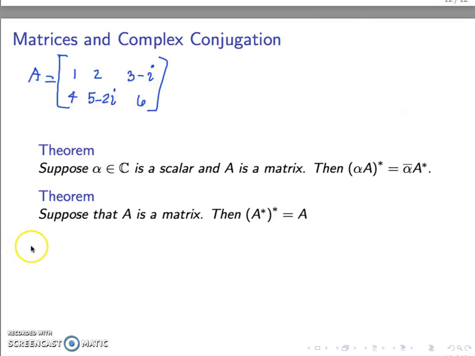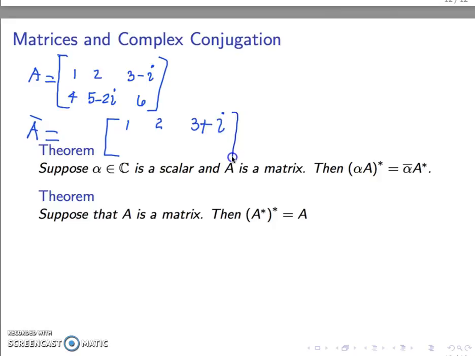So let's say, for example, that we first take the conjugate of this matrix. That means we're going to go on every row. In row 1, we have a complex number with 0 imaginary part, so the conjugate stays the same. The next number in row 1 also stays the same. The third number is going to have a complex conjugate of 3 plus 1i.